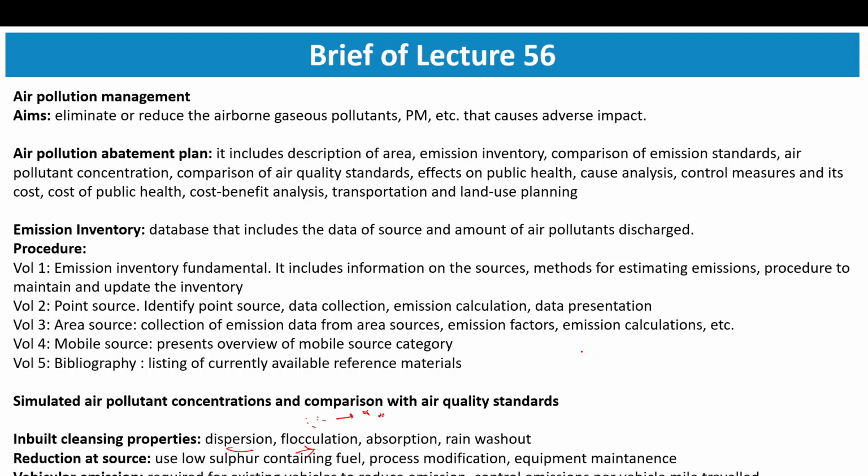Then if you talk about vehicular emission, control of emissions per vehicle mile traveled is required for existing vehicles. Vehicles are one of the most important sources of air pollution because the fuel which is burnt, combusted, emits various gases and ash, which results in pollution.